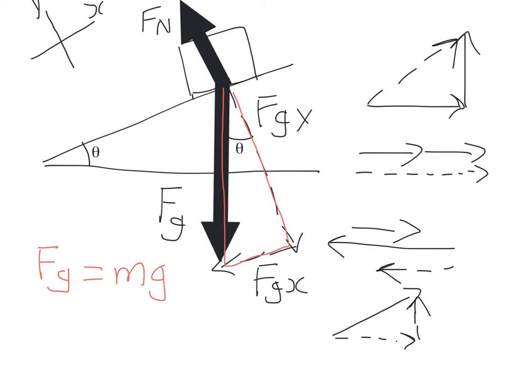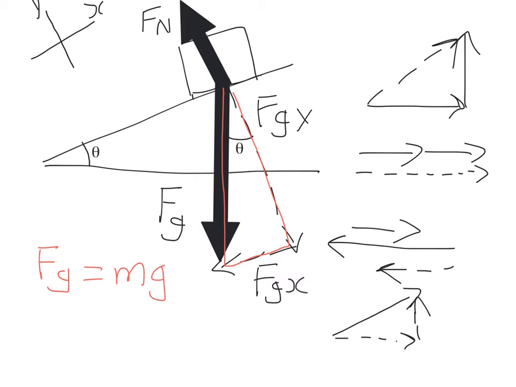Now the neat thing about this is that Fgy and Fn are exactly opposite to each other. Now I haven't drawn this to scale, but this force and this force are going to cancel each other out. Because as this box begins to slide down, it doesn't come off of the incline, it doesn't dig into the incline. So that means that those forces in the y direction must cancel.